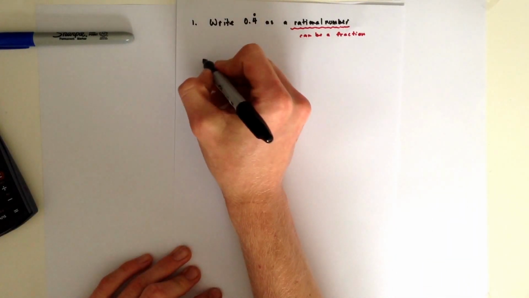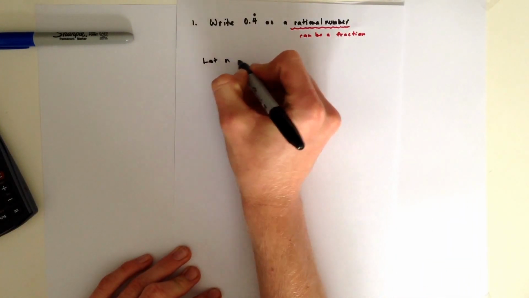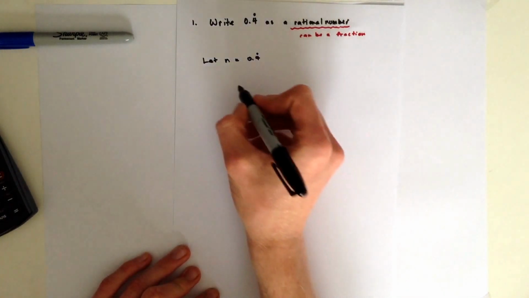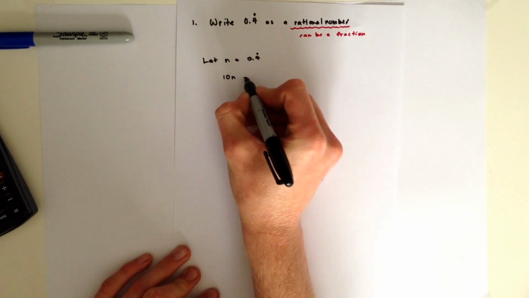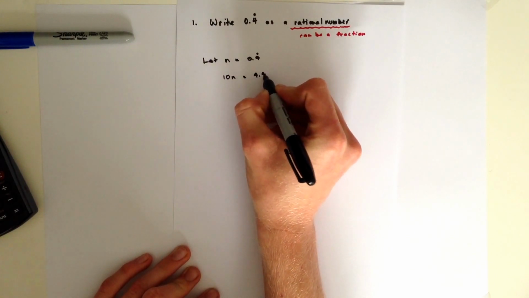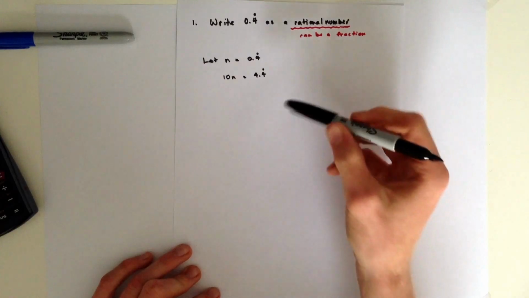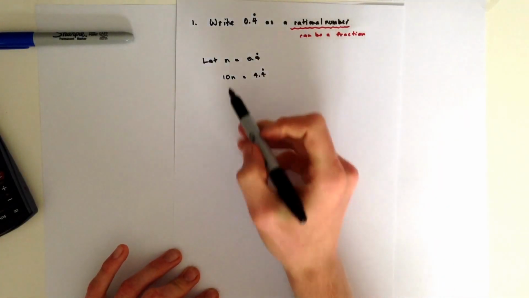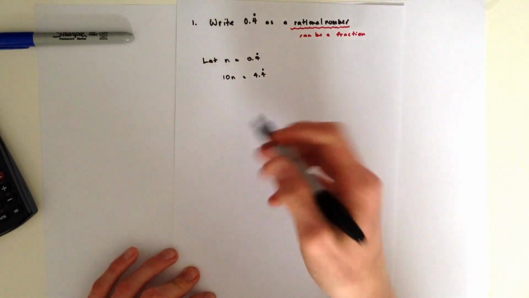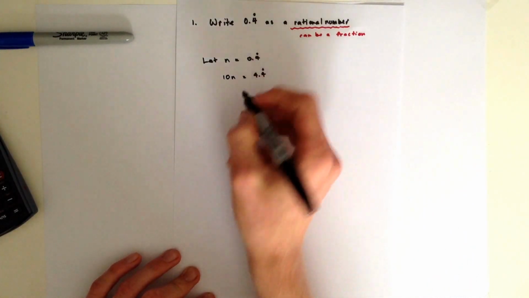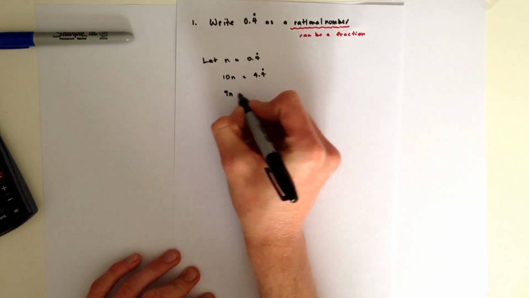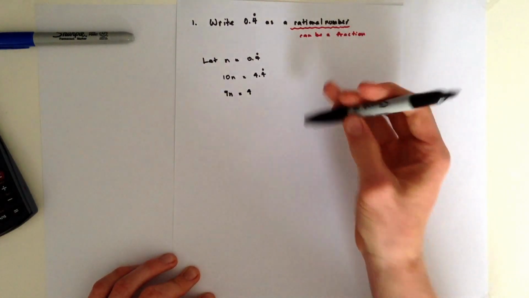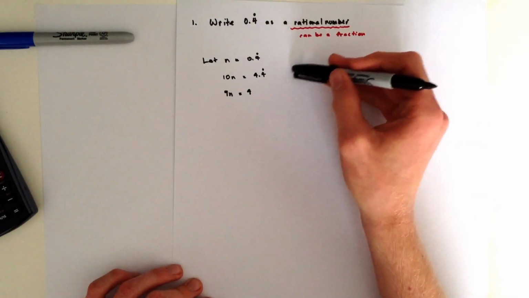Well, the way you do this is you let n equal 0.4 repeater. Okay, so 10n equals 4.4 repeater. And now we can see that we have a 4 repeater and a 4 repeater. So if we minus n from 10n, we would end up getting 9n equals 4, because we take away the 0.4 from 4.4.